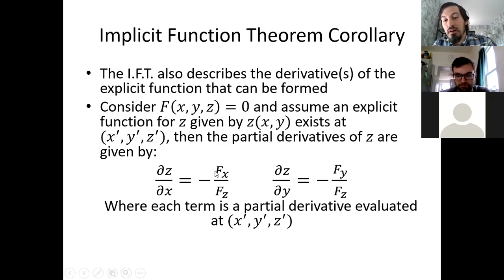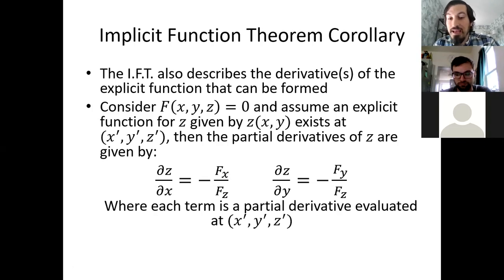It's negative of the partial derivative of the initial f with respect to x. That's the one on the bottom, over the partial derivative of f with respect to z. That's the one on the top. So it flips here. The z is on the top, but it's on the bottom. X is on the bottom, it comes on the top, and there's a negative sign. But that's what the IFTC is.